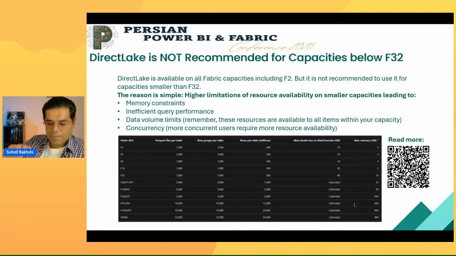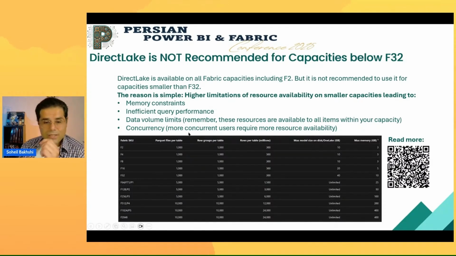If you have lakehouses, warehouses, notebooks, machine learning models, semantic models, reports, for everything that runs in a capacity, that is the memory limit. And there are some other resource limits. So data volume limits. Again, data volume limitation is another one.